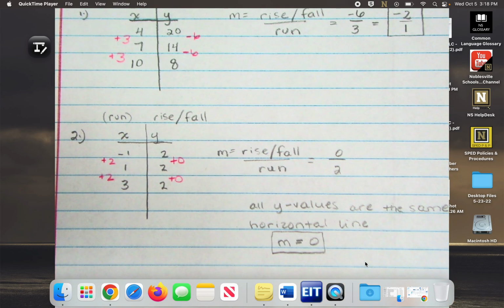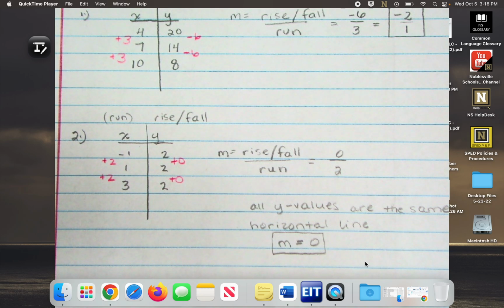If I were to actually plot those points on a graph, at -1, 2, 1, 2, 3, 2, I have a horizontal line. And that's where I get the 0 for my slope.